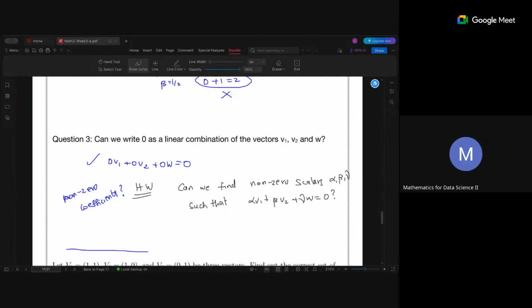W cannot be written as a linear combination of V1 and V2. But your answer is wrong. Think about this again. Try to verify it step by step. You will find the answer. Please try it. Good. Any other questions?